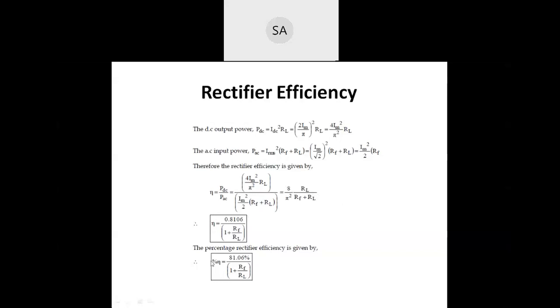If you consider it as a percentage, you will get 81.06 percent. So the efficiency is improved in the center tapped full wave rectifier compared to the half wave rectifier. In the half wave rectifier we only had 40.6 percent, here 81.06 percent. So it is increased to double.